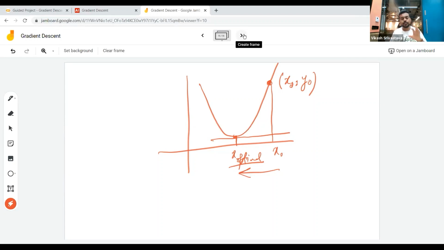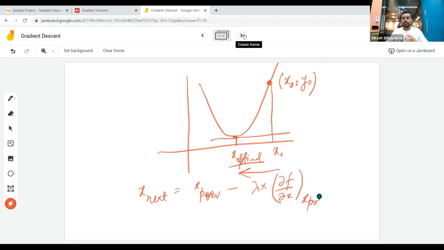So how will we arrive at the minimum? We need to find that value of x for which the function is taking the minimum value, right? In this case, our gradient descent update, x next, will be x prev minus lambda times del f del x, evaluated at x prev.